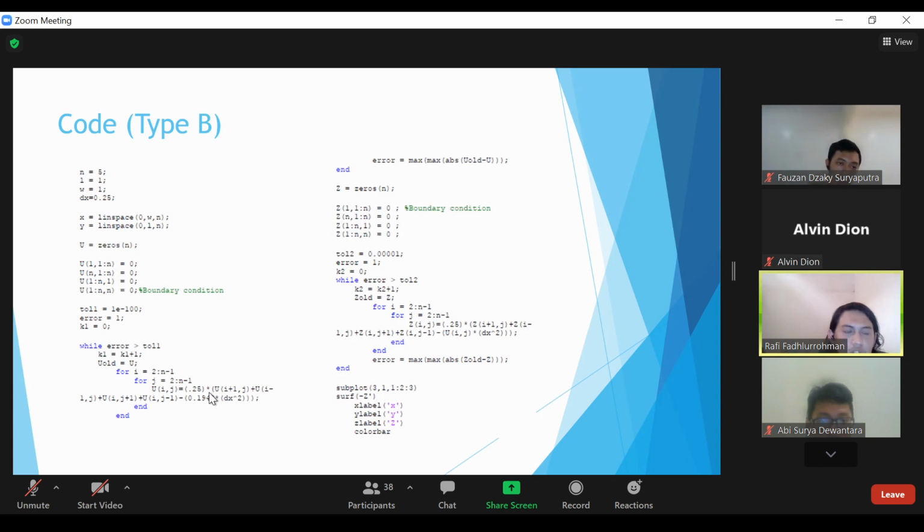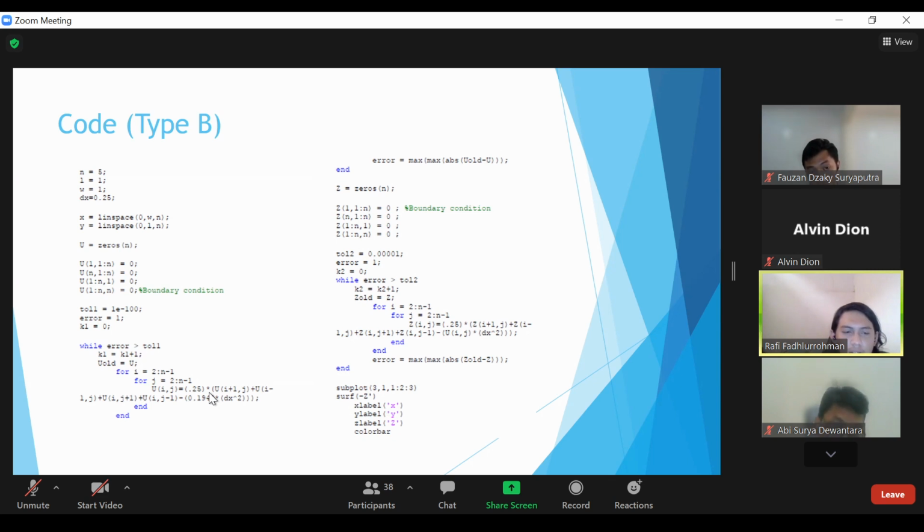For type B, we use 5 nodes and the same amount of dx, and the same operation as type A. But actually, when we tried to solve this problem, we tried to set the tol to see what the result would be when we have a greater tol, and what will happen when we decrease the tol.